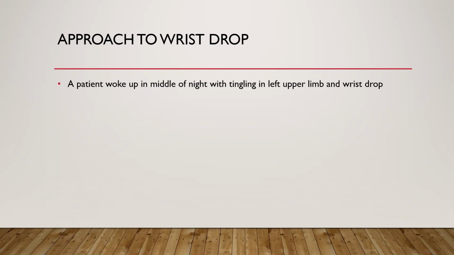But many times you don't see them in the acute setting. Along with wrist drop, if finger flexion and wrist flexion are also weak, then it could be UMN. Many times, whenever there is a wrist drop, you feel the interossei are also affected: the patient is not able to adduct or abduct the fingers, and you feel that the other muscles are also affected. But if you examine properly, you may find that the other muscles are better than the extensors.